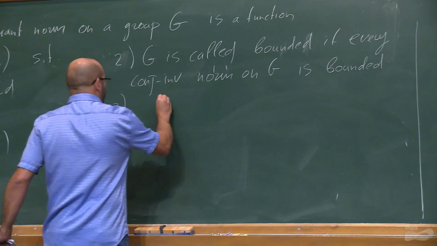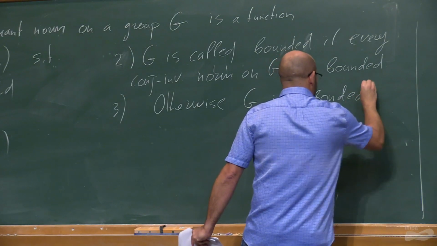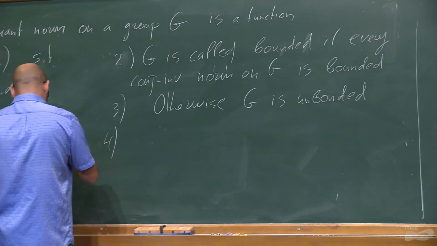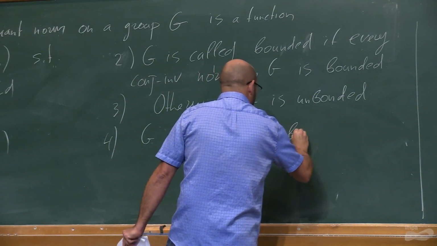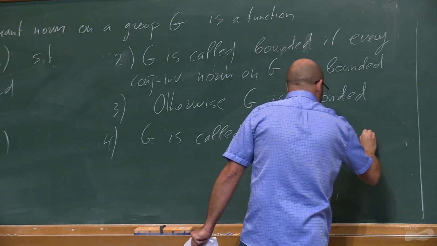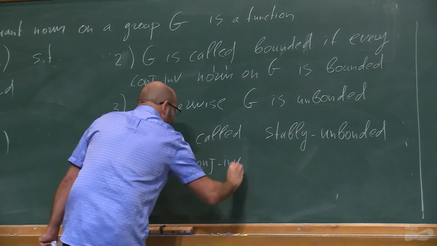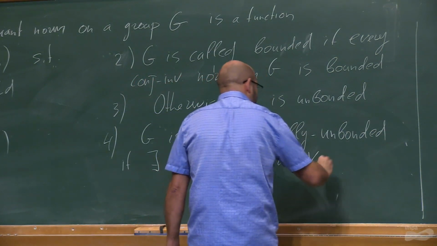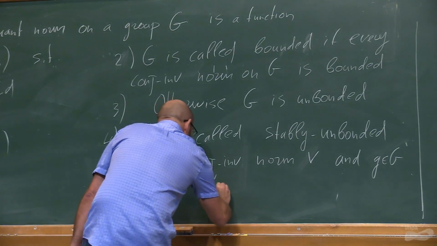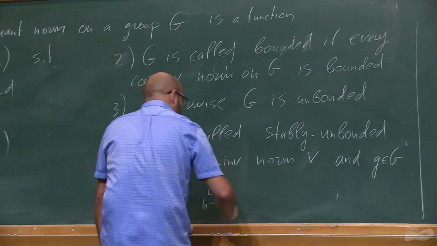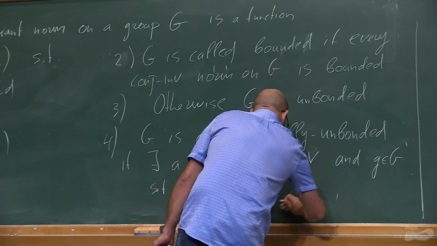3, otherwise, G is unbounded. And 4, G is called stably unbounded if there exists a conjugation invariant norm nu and g in G such that the limit, as n goes to infinity, of nu of g to the power n divided by n equals C, which is greater than 0.